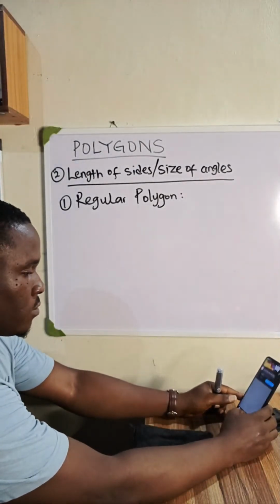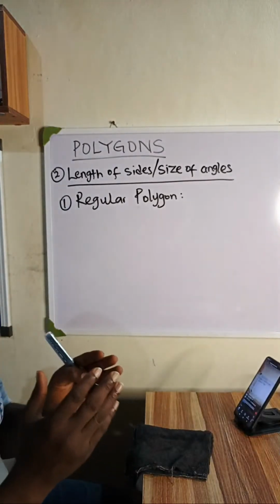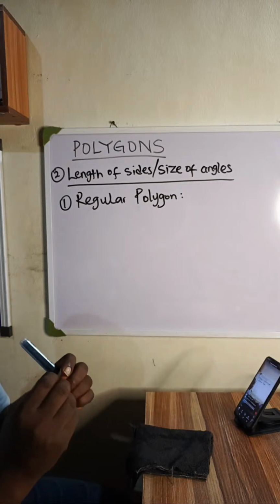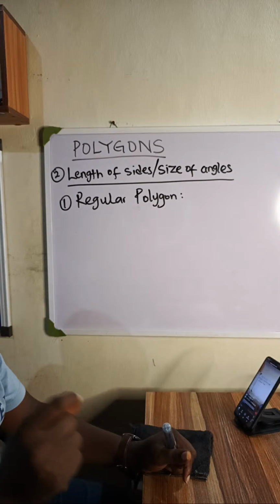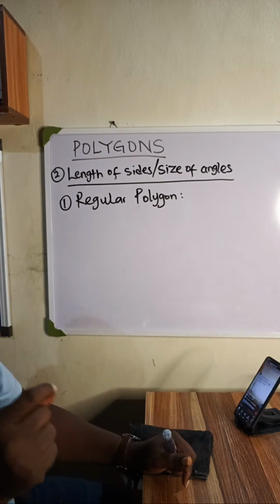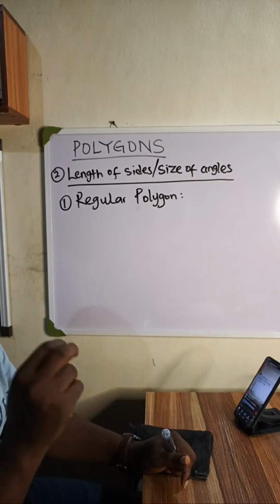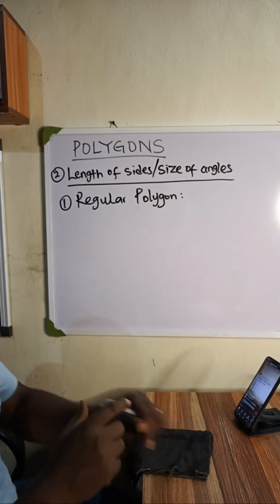Regular polygon. A regular polygon is a polygon that has equal length of sides and equal size of angles. That means for a regular polygon, the length of all the sides are equal, and the angles are also equal.